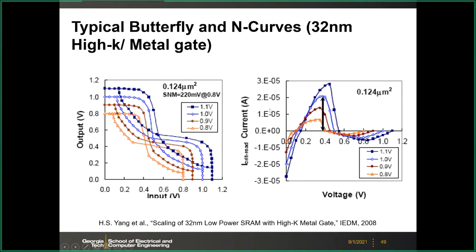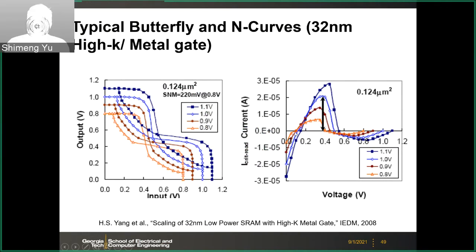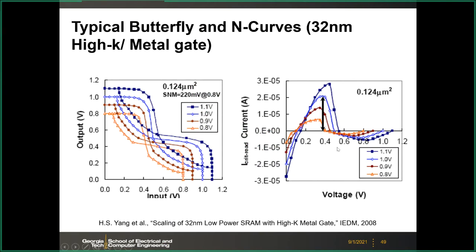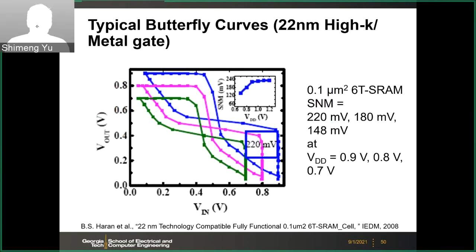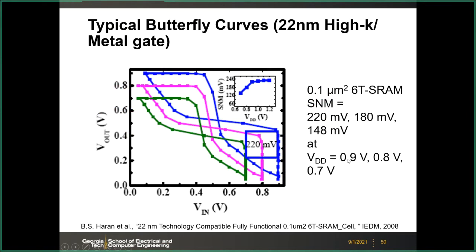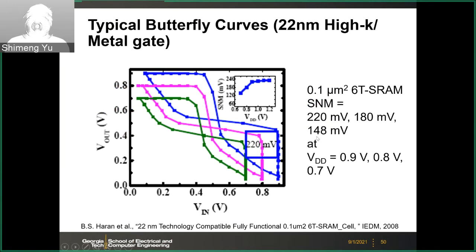In this paper, it also shows the measured Uncurve with different VDD. And then this is 22 nanometer, and here you see the noise margin is about 200 millivolts with 0.9 volts VDD. But if you shrink the VDD to 0.7 volts, then the noise margin is reduced to 148 millivolts.